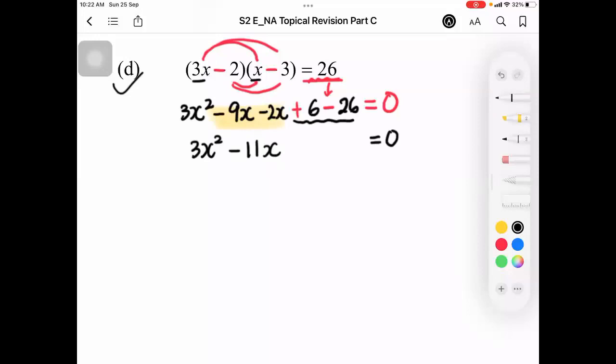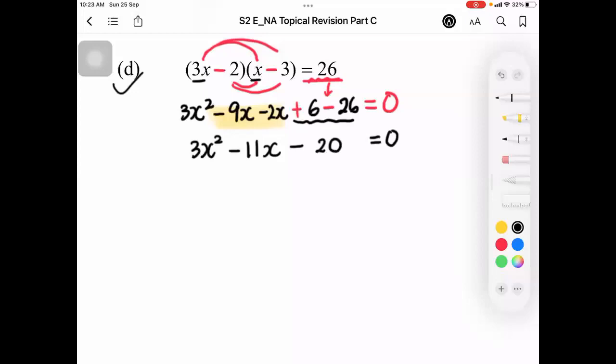Zhishu, are you awake? Yes. How much is it? 6 minus 26, how much? Negative something. 20. Oh yeah.